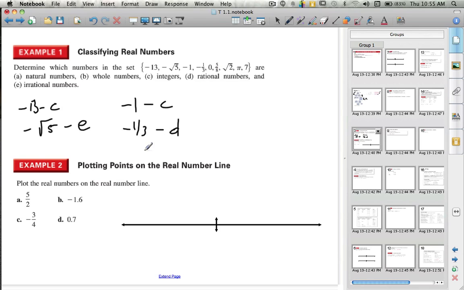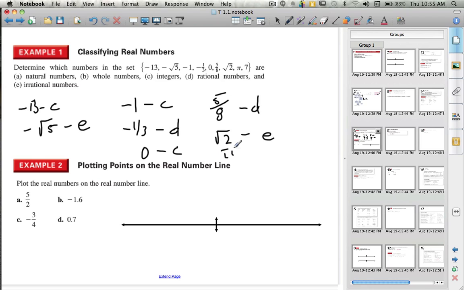When we look at 0, 0 is a special number, but it's also one of our integers. So that's C. 5/8 is also a rational number. It's a ratio between two numbers. So that's D. And the square root of 2 is an irrational number.